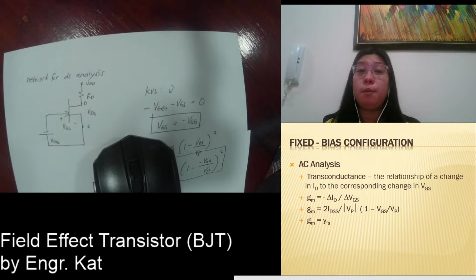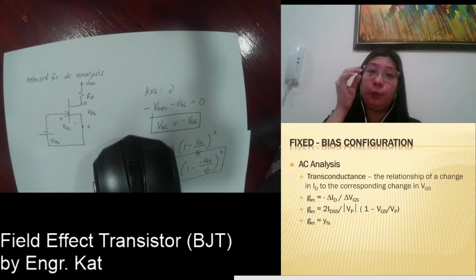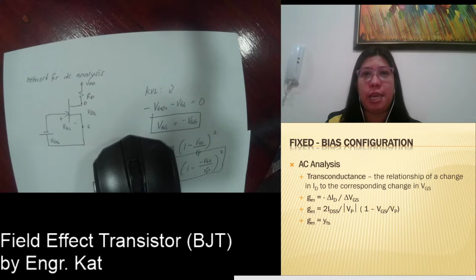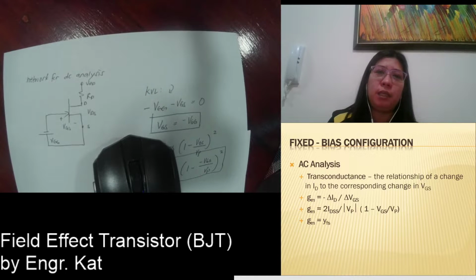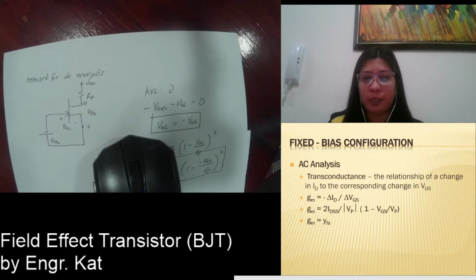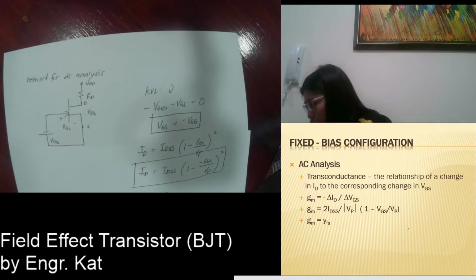If you remember in BJT, we needed the emitter current IE in the DC analysis so that we could solve for your small re. In this case, class, we need your VGS from the DC analysis so that we can solve for your gm, or your transconductance.